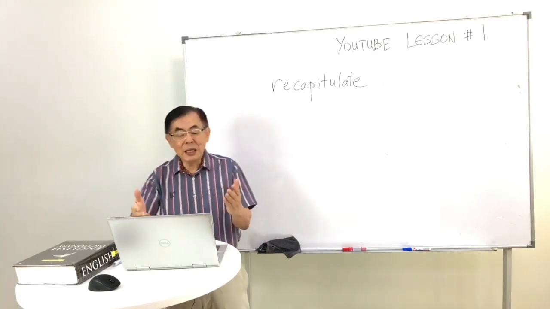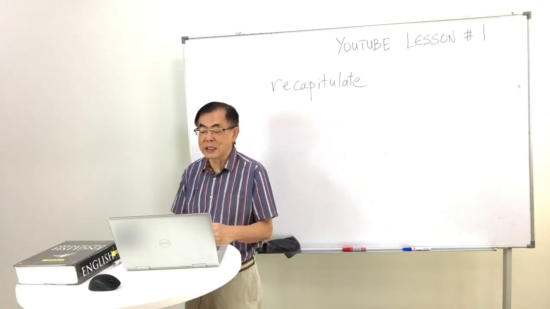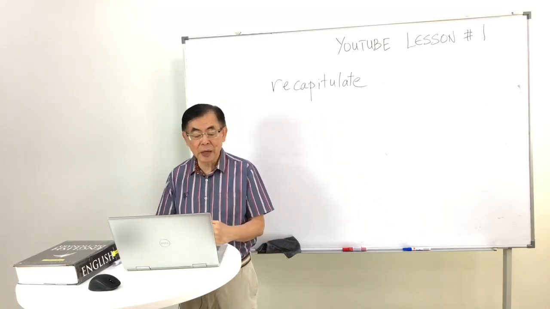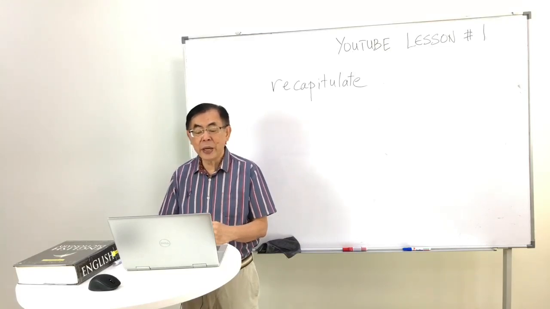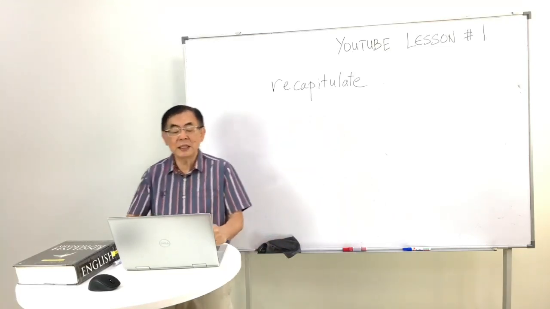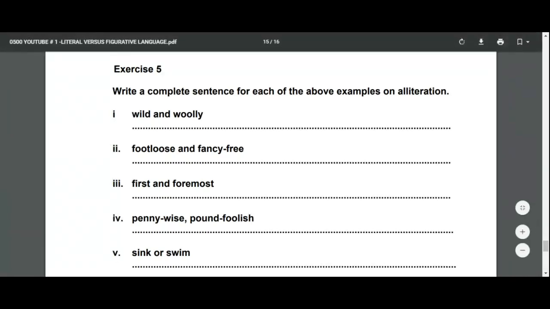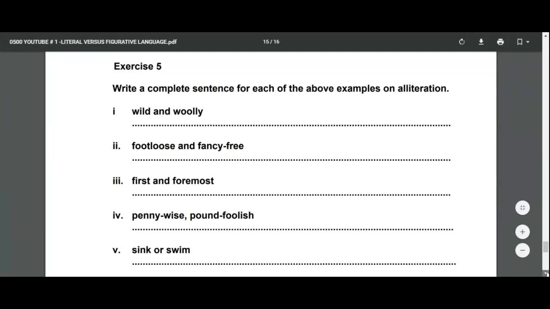So learn how to make complete sentences from the examples of alliteration given above. On page 15 we have this exercise. I want you to write complete sentences for every one of these alliterations. Wild and woolly, footloose and fancy free, first and foremost. Yes, that's right. Penny wise, pound foolish, sink or swim, dead as a doornail.